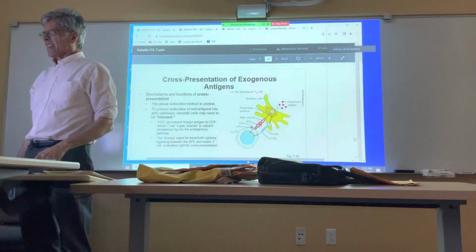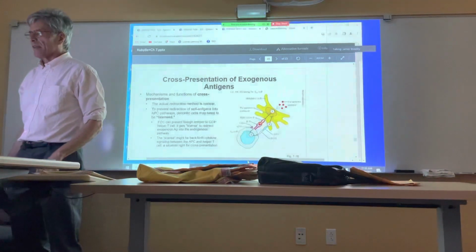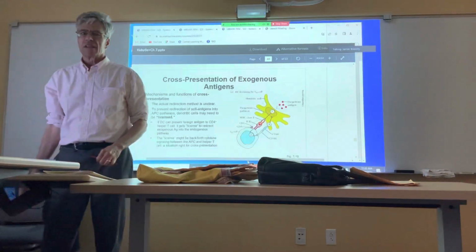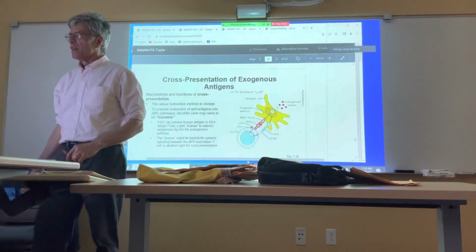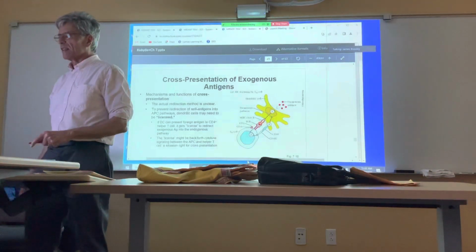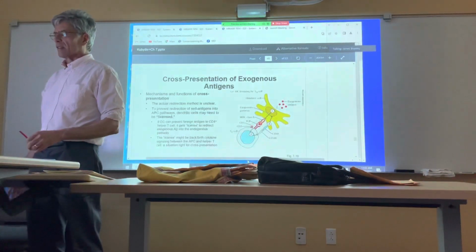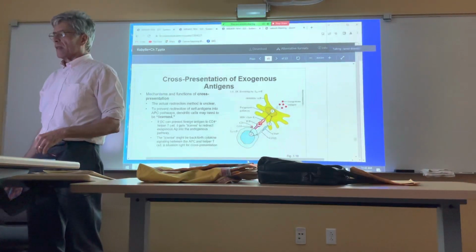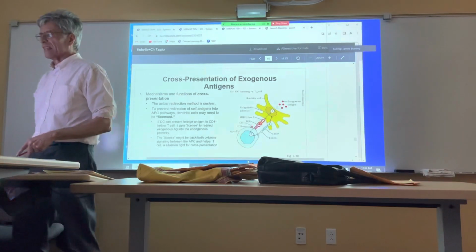So people have wondered, how does this happen? Do only some dendritic cells do this and others not? I think this is a little bit of an arm-waving thing, but they've suggested that in order to do this, dendritic cells may have to be licensed.